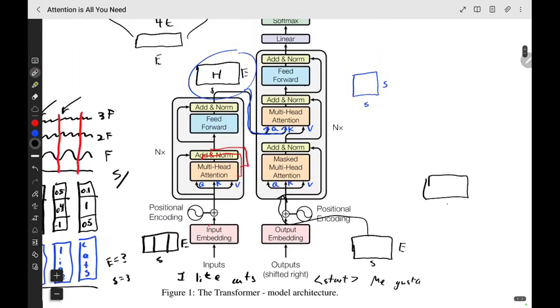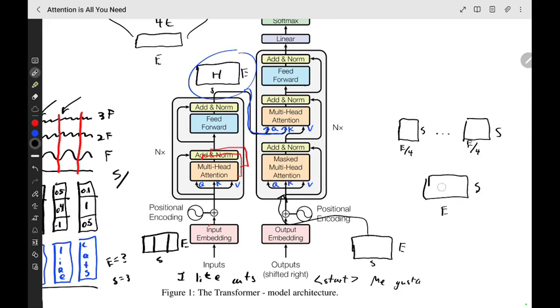So you have this matrix, S by E, or I'm going to draw it the other way, E by S, because it makes it easier. And then you split this into multiple parts. So I'm going to say we have 4 heads. So this will be E over 4 by S, and so on. So you have 4 of these that are E over 4. And you're just splitting the original query, keys and values by that.